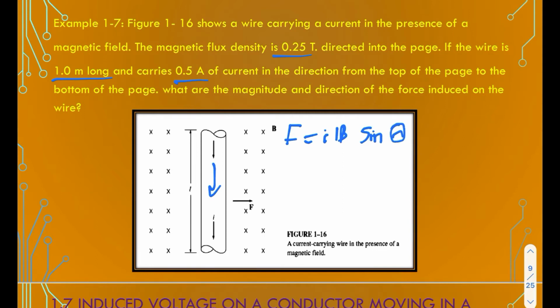The current is 0.5 ampere, multiplied by 1 meter length of the wire, multiplied by the magnetic field 0.25 Tesla, and multiplied by sine theta, where theta is 90 degrees, as you can see from the figure.